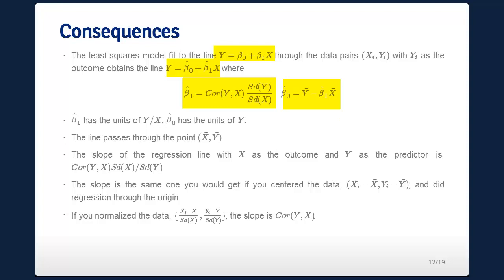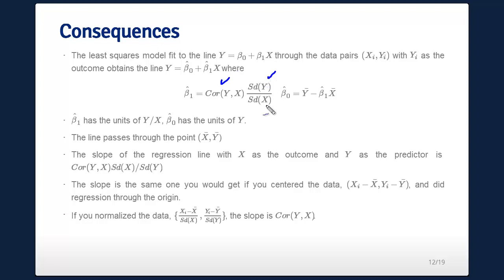Notice, by the way, the units work out right. The correlation is between -1 and +1 and is a unit-free quantity.